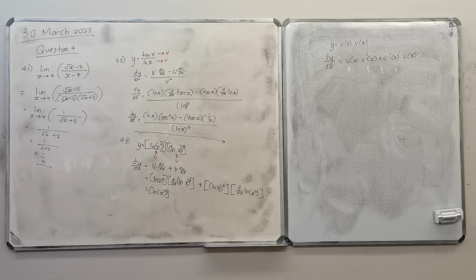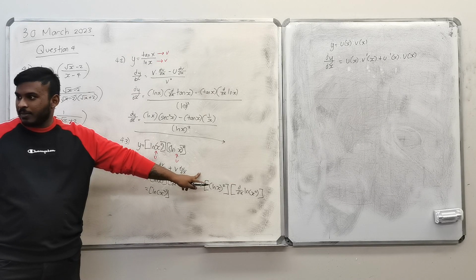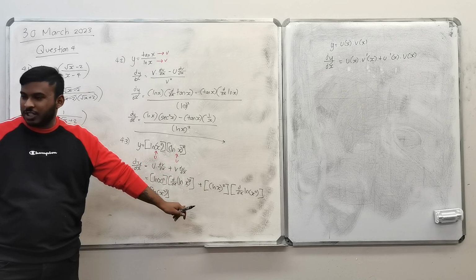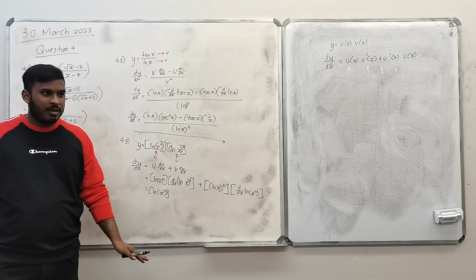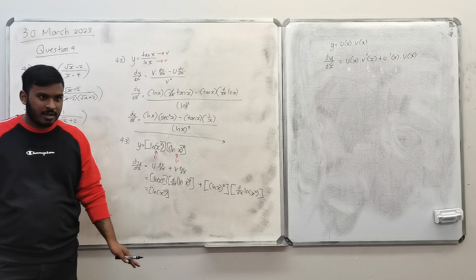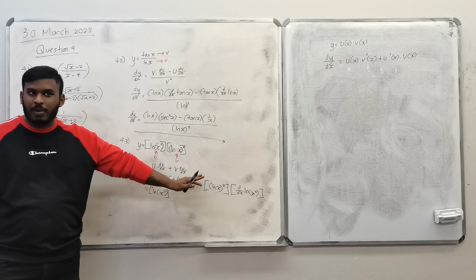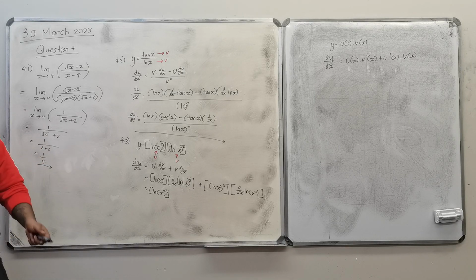This is f of x to the power n. You all agree with me? It's a function to the power n. f of x is ln of x, and ln of x is to the power 2. 2 is n. So which rule over there says f of x to the power n?